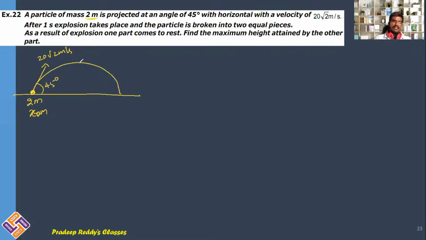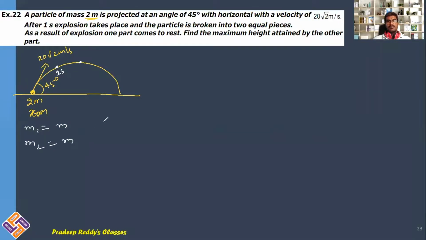So after 1 second, it's not exactly half, after some particular time, 1 second, it is breaking into two equal parts. So m1 is equal to m2 is equal to m.